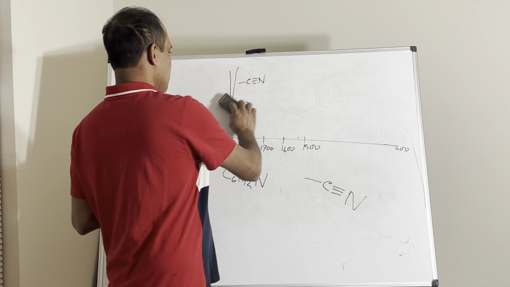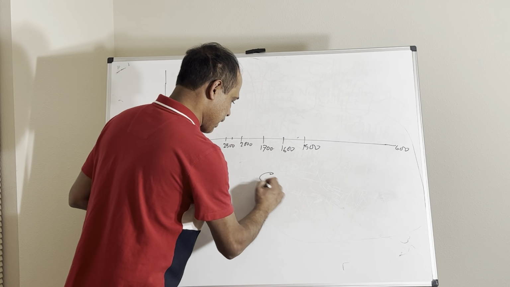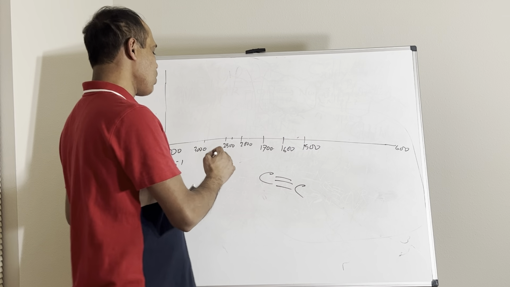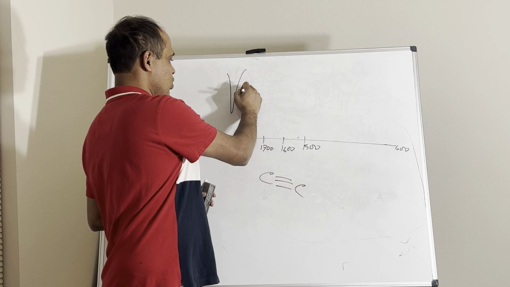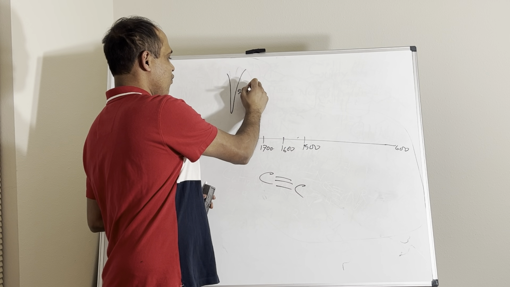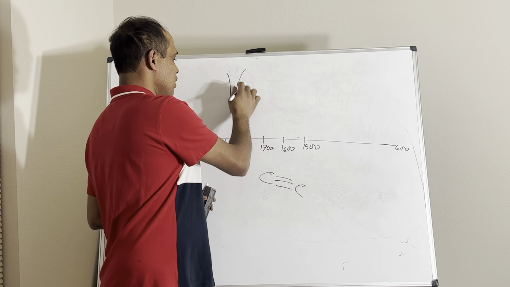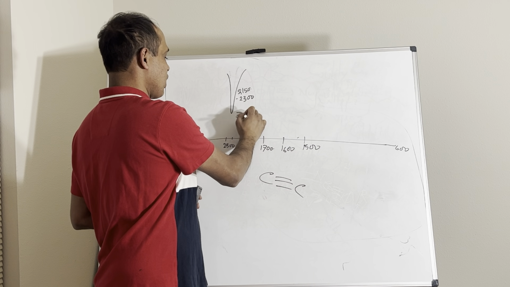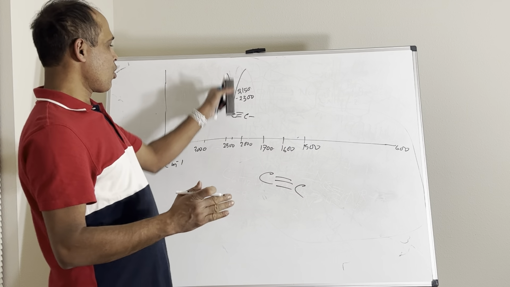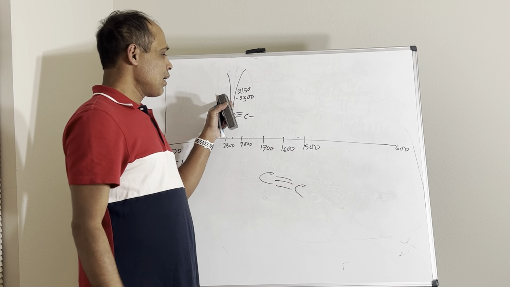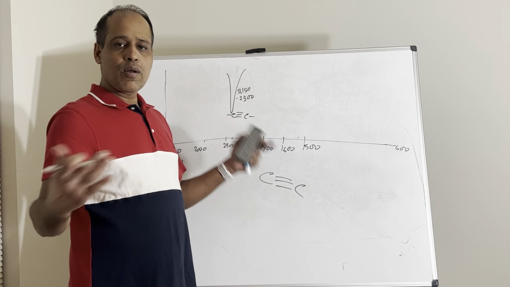Now, since I'm talking about the nitrile group, let's look at the carbon-carbon triple bond, like alkyne. That alkyne also will give you a similar band near that area, like 2150 to 2300. So you can say this is an alkyne group, a carbon-carbon triple bond peak. It could be in the same region for an alkyne and also the nitrile.